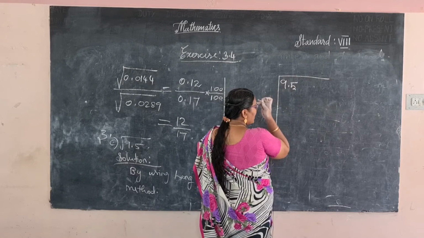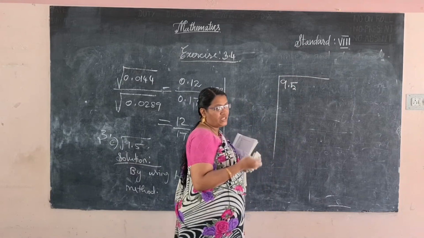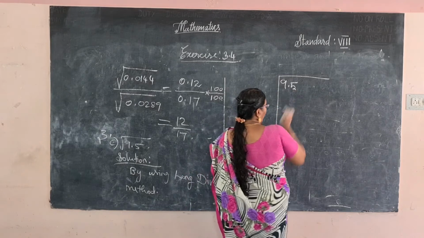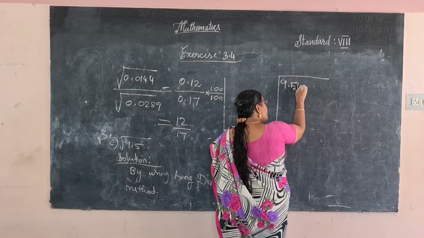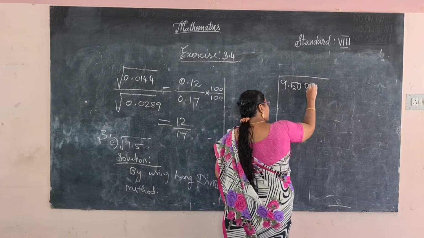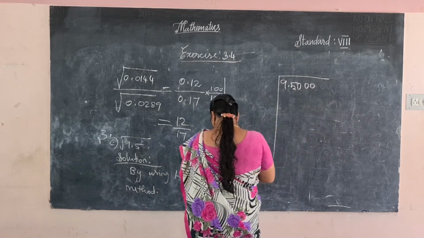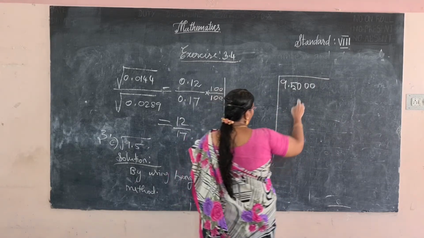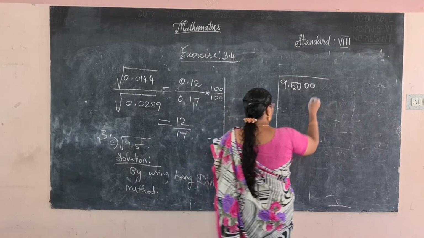So we divide into pairs of digits, but here there is an odd number of digits, so add 0. Okay, we have to find it correct up to 2 decimal places, so add 2 more digits.